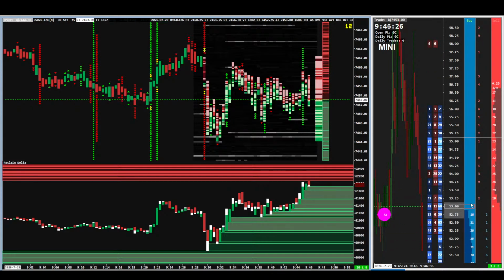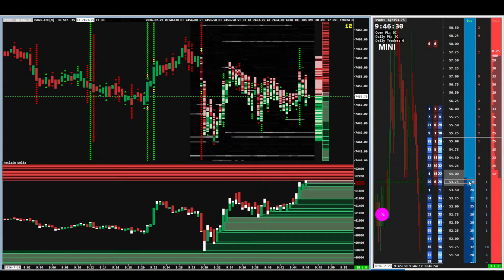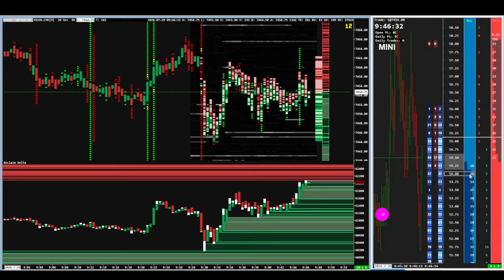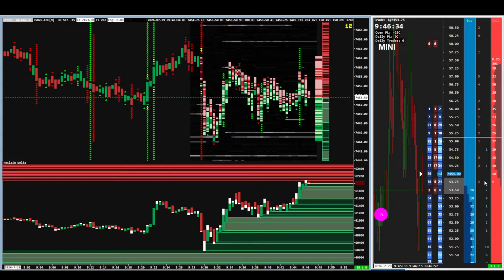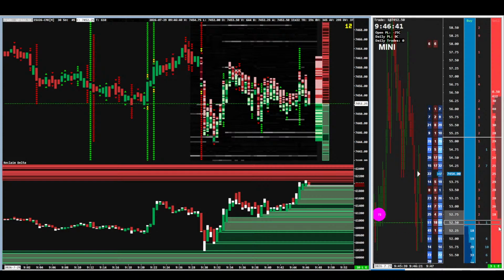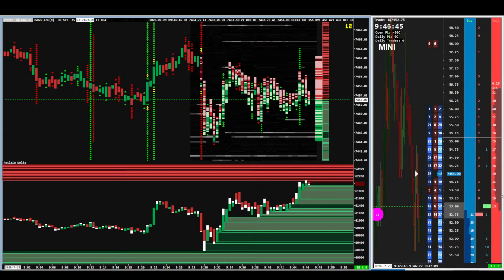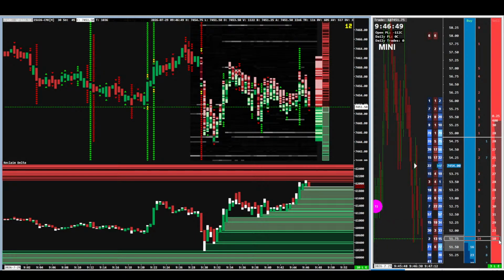See what happens at these 52s if they attract more healthy buying, and it looks like they are. I'm gonna try a 54 long. But I think I'm slipping again. What's interesting is the cumulative delta's going up while the ES is just sitting sideways.